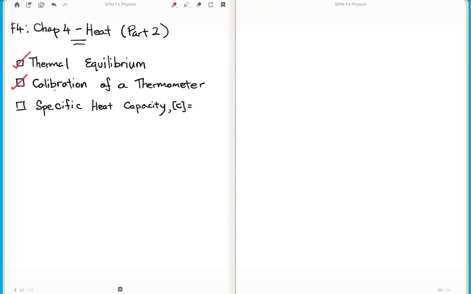Okay, and then the last part of my previous video is specific heat capacity, where I've shown you a concept where the heat of your heated object is related to the kinetic energy of the atoms within the material.